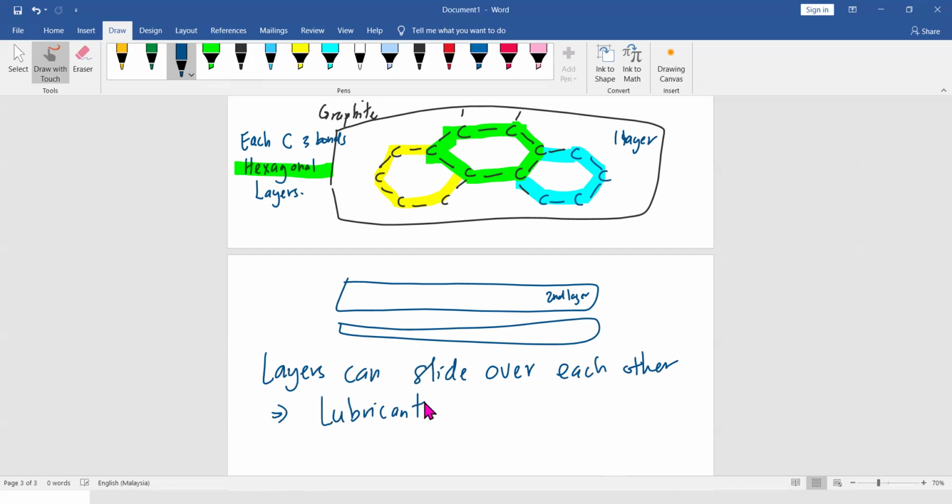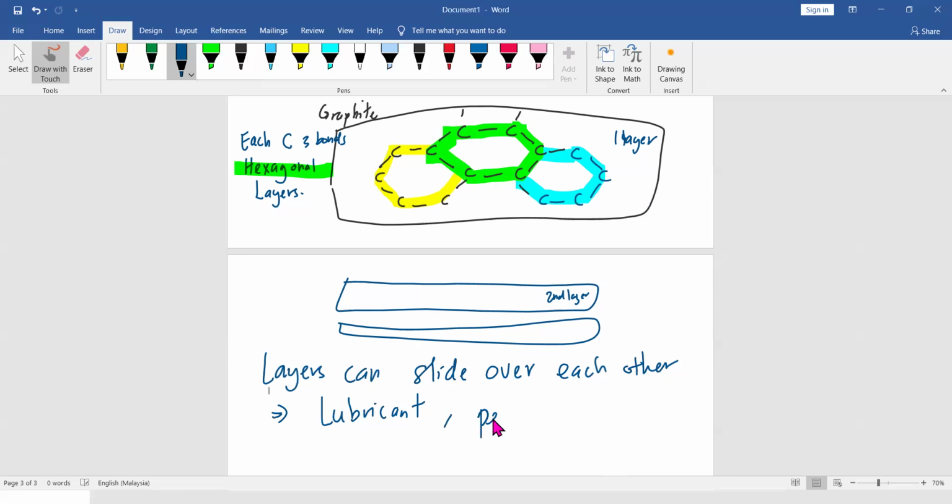Do you know what's a lubricant? Let's say I open and close the gate, it squeaks, so I put oil. That's called a lubricant. WD-40, yeah. Something like that. So it's black in color because why? Because there is graphite blended inside there. It's very, very slippery. Can you understand?